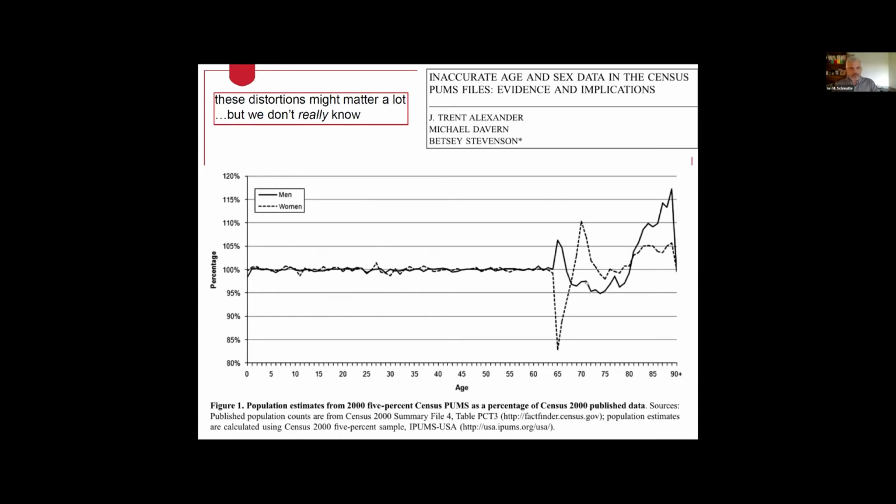And so it looks like, at least potentially, that the distortions introduced by privacy protection methods could be ignorable if what you're interested in is prime working age individuals, and perhaps not ignorable at all, and in fact quite destructive, if you're interested in individuals above age 65. But of course, if they hadn't made this error, we would never know even that much in the first place. So this is not exactly telling us entirely what's going on, but it suggests that these distortions could matter quite a bit.